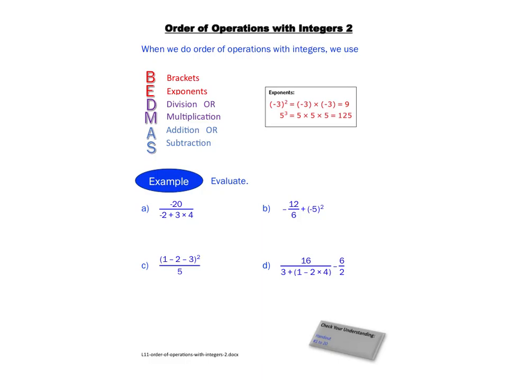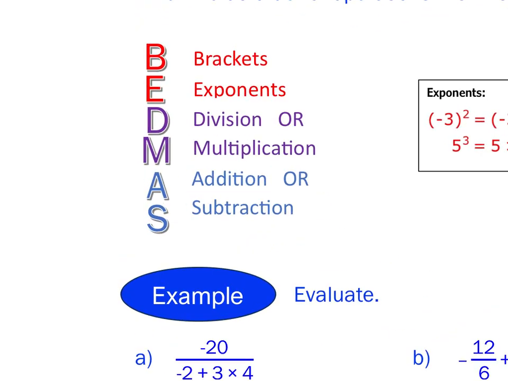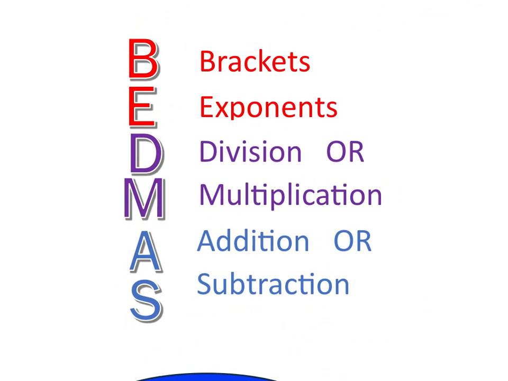In today's lesson, we are going to do more order of operation questions with integers. And just a reminder that when we do order of operation questions, we do anything in the brackets first, then we do exponents, then we do division and multiplication, and then we do addition and subtraction.